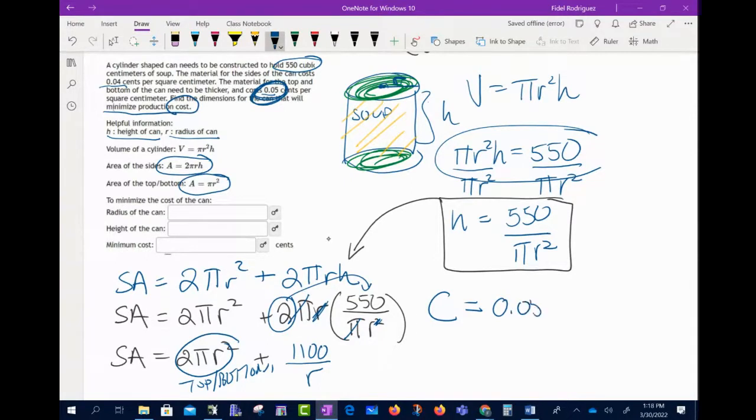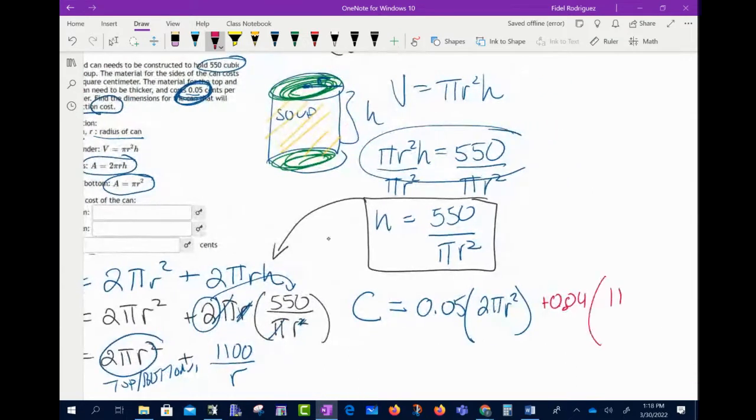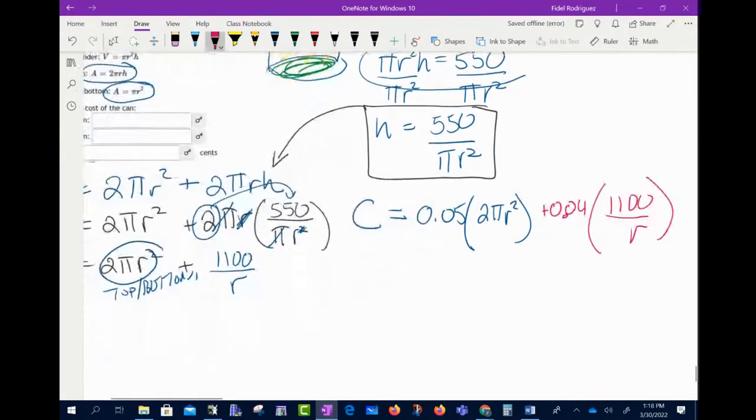So I'm going to take 0.05 times the area of the top and the bottom. For the side, it costs us 0.04 cents, so I'm going to take 0.04 times the side, which happened to be that 1,100 over r.